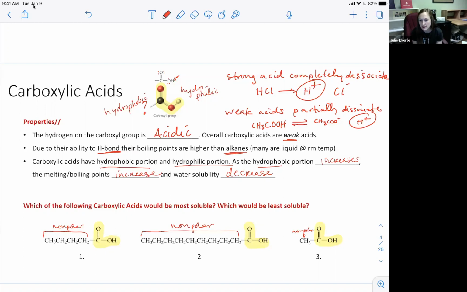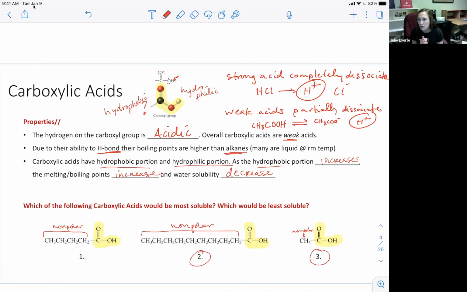I don't want to give away the answer because I have a poll question on this, but consider the amount of London dispersion forces that can occur between 2 molecules of 3, just that one methyl group, versus 2 molecules of 2 with these long hydrophobic chains. Consider how many London dispersion forces you could get if each carbon and each hydrogen can participate in that.